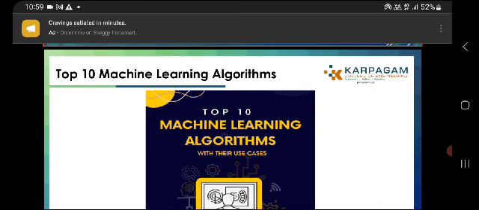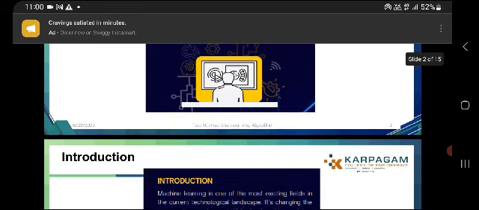Different algorithms can be used in machine learning for different tasks, such as simple linear regression, which can be used for prediction problems like stock market prediction, and the nearest neighbor algorithm, which can be used for classification problems. So in this topic we will see an overview of some popular and most commonly used machine learning algorithms, also with their use cases and categories.